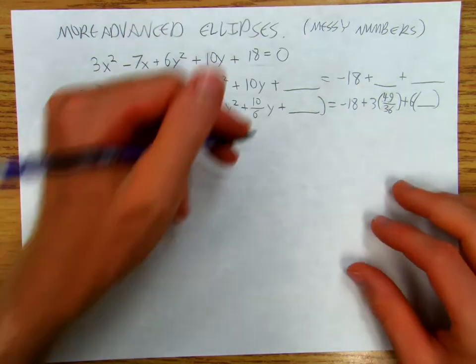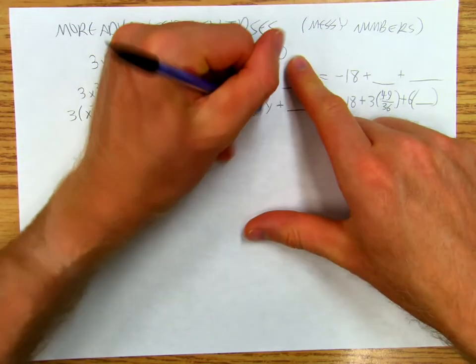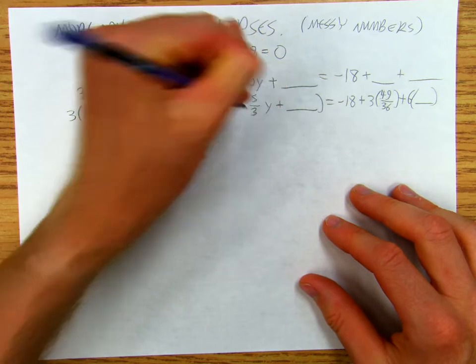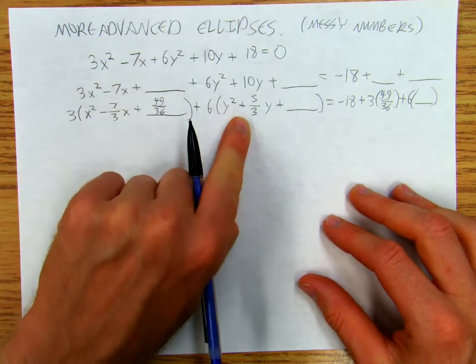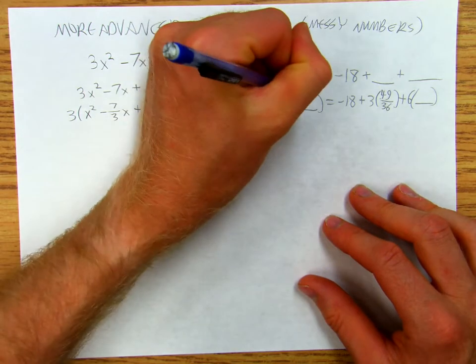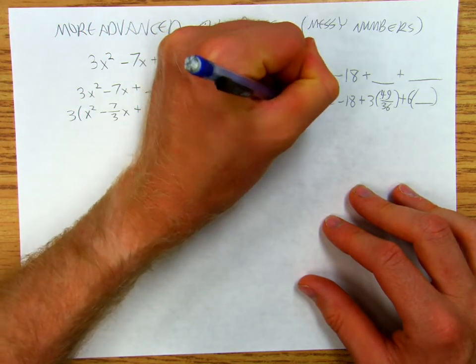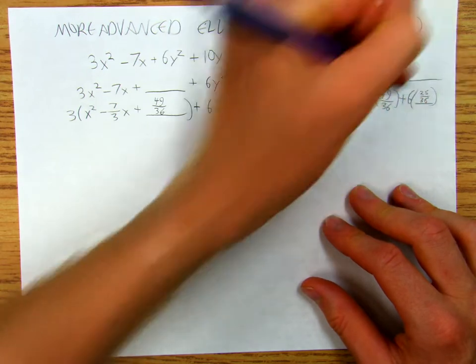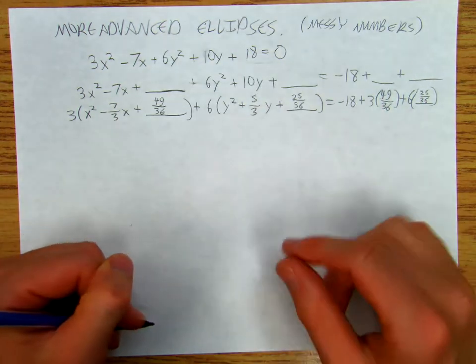And then here I've got 10/6, let's replace that by 5/3. And so I get 5/6, and so 5/6 squared is 25 over 36. So then I got 25 over 36 goes right there.